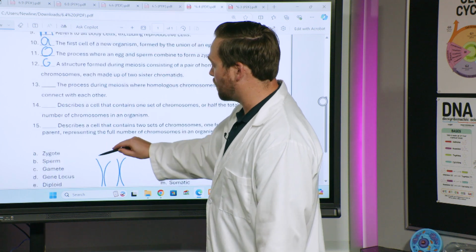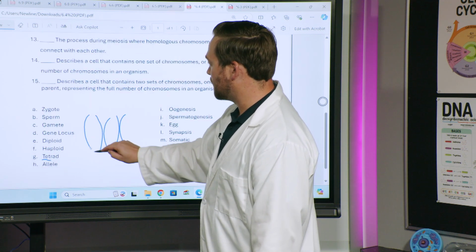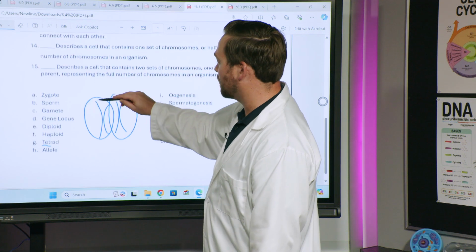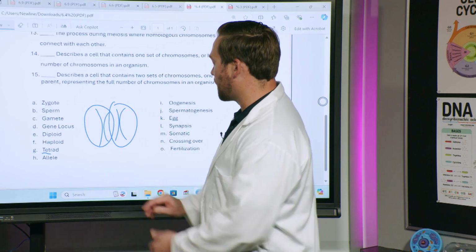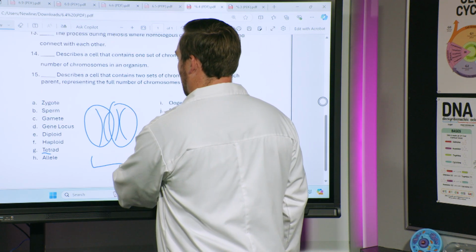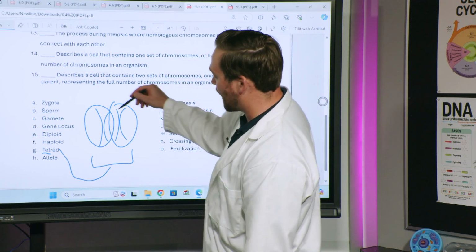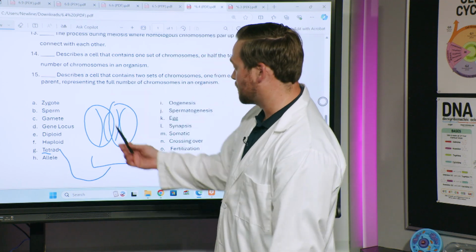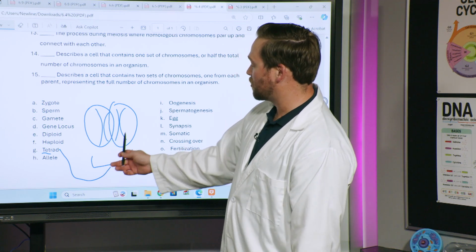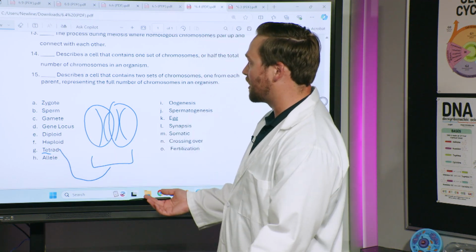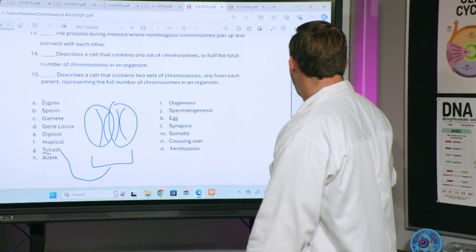So this is a chromosome, this is a chromosome. Okay, when they come together like this, that is known as a tetrad. And the reason they're called a tetrad is that there's 4 sister chromatids. This is a sister chromatid, and so you have 4 sister chromatids total, and so that's why it's called a tetrad here, okay? All right, y'all are doing great.